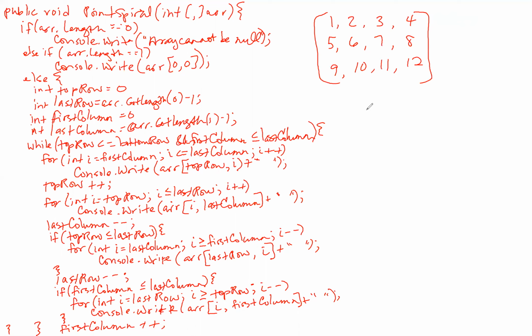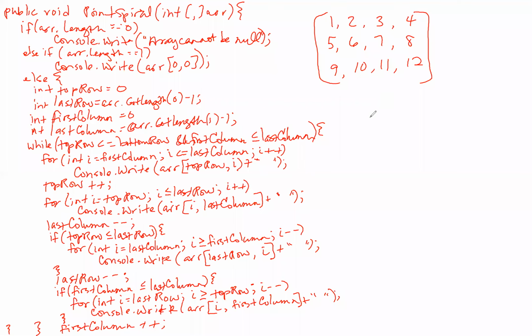So we're going to want to keep track of top row, bottom row, maybe I should just abbreviate these so we don't run out of space.